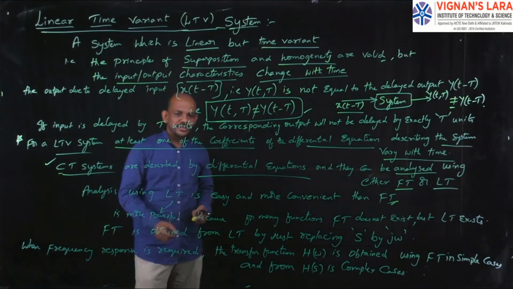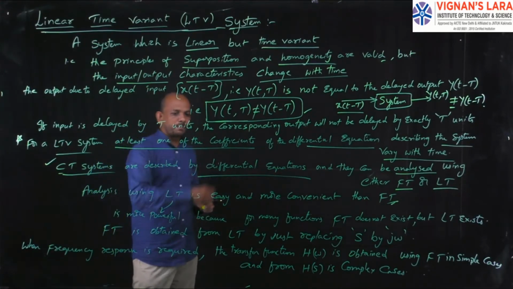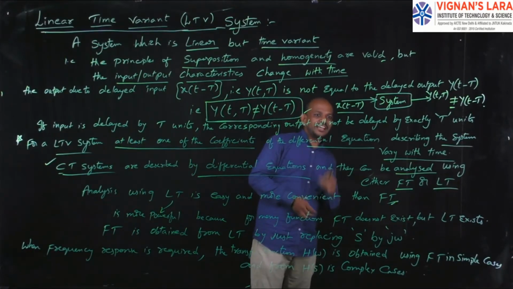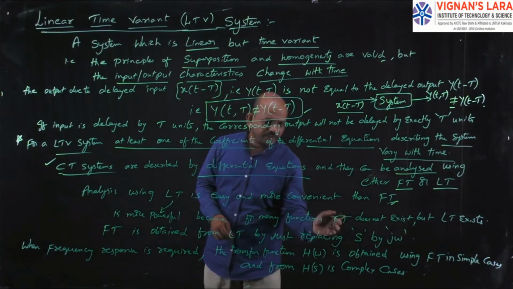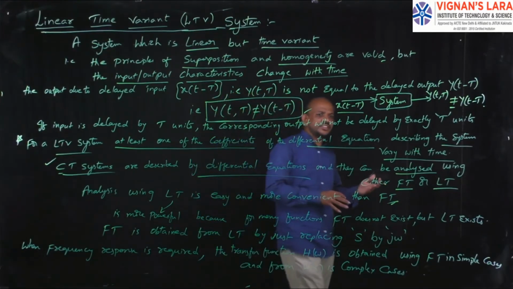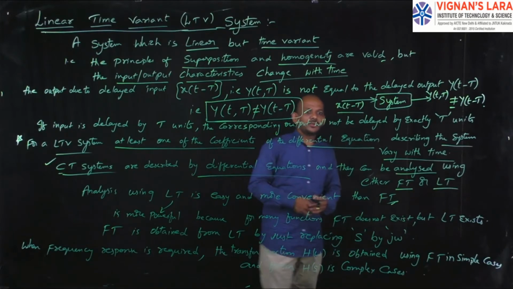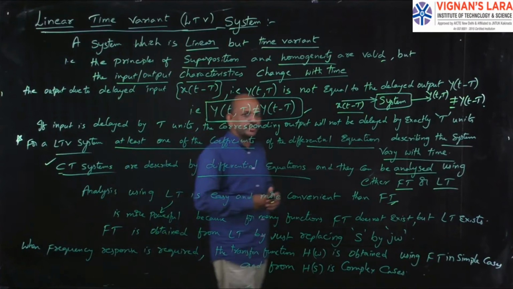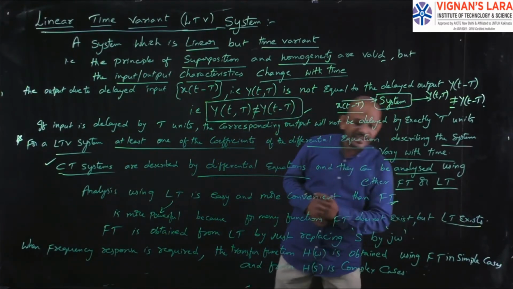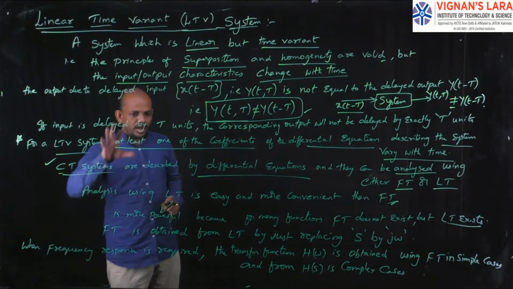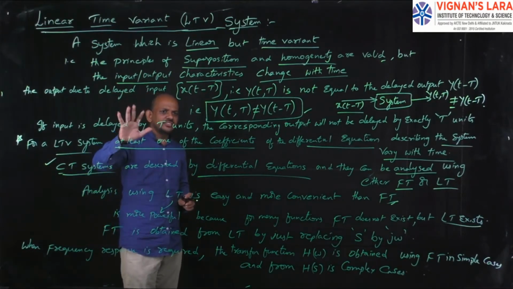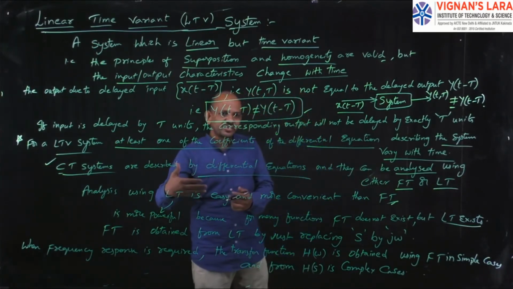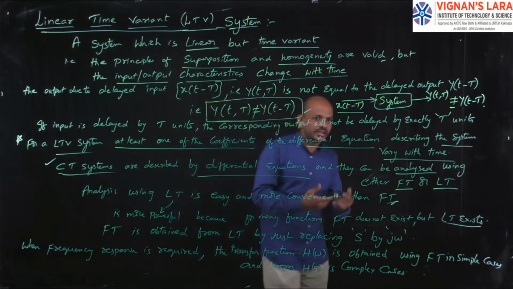Because the Laplace transform is more powerful, in the sense that for many functions a Fourier transform does not exist, but the Laplace transform exists. For the analysis I will use the Laplace transform or the Fourier transform, and of these two, the Laplace transform is easier and more convenient.